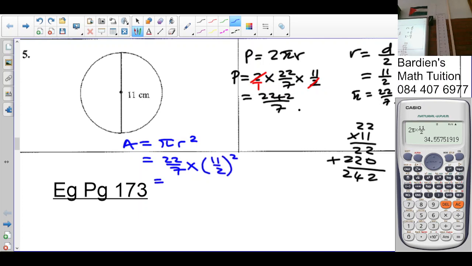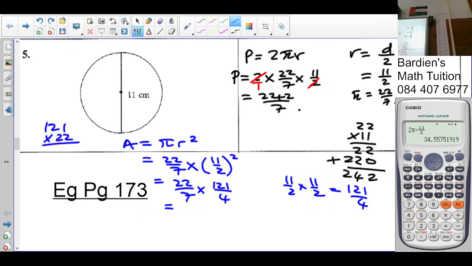According to BODMAS, what must be done first? The brackets need to be done first. So it's going to be 11 over 2 times 11 over 2. 11 times 11 is 121 over 4. So it's 121 over 4. And then, that's going to be 121 multiplied by 22. Wait.